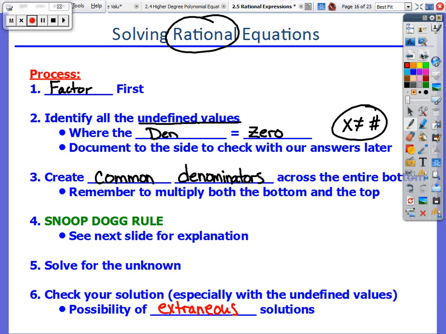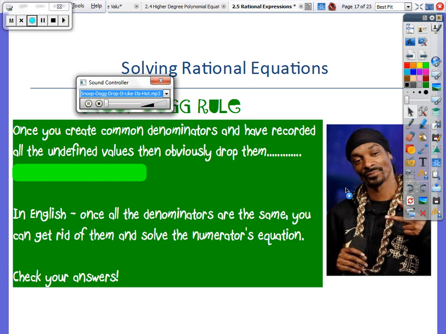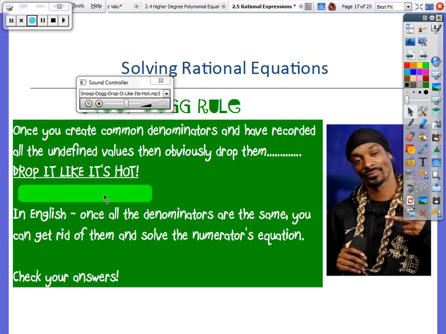Now what is this Snoop Dogg rule? The Snoop Dogg rule is once you create common denominators all the way across the bottom, what do you think we're going to do? Well, if you remember from Snoop Dogg, anytime that you get common denominators, you're going to drop it.